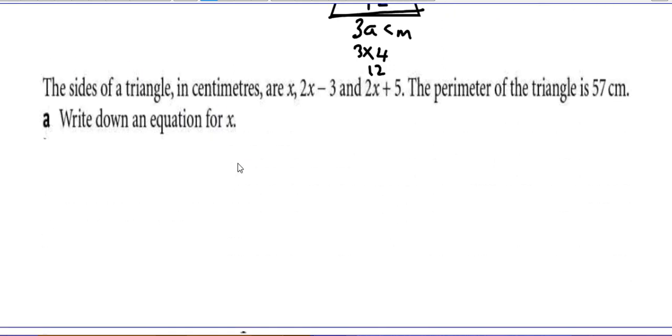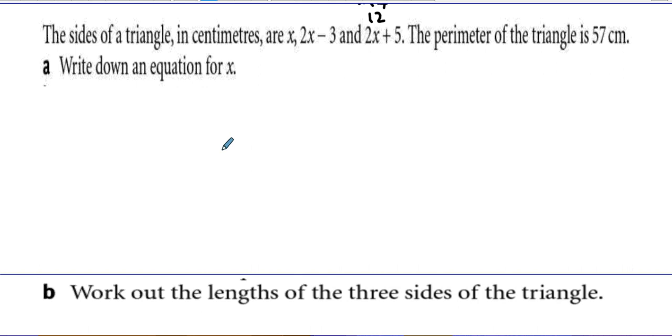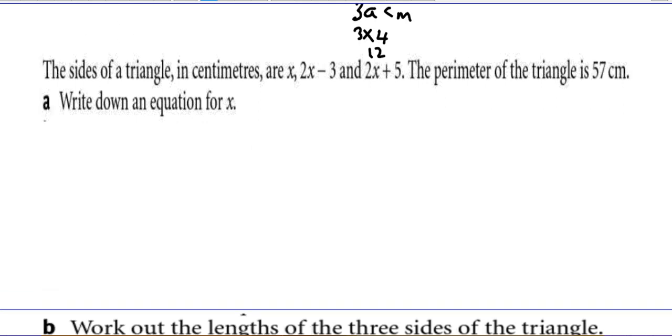Right, let's go to the last question on this page. It says the sides of a triangle in centimeters are x, 2x minus 3, and 2x plus 5. The perimeter of the triangle is 57 centimeters. Write down the equation.